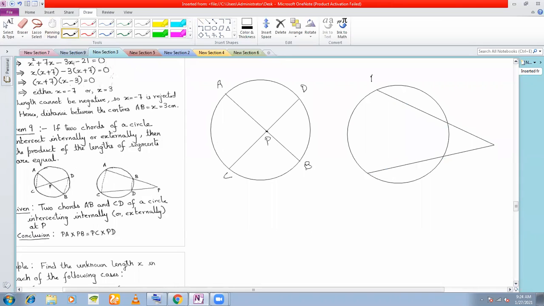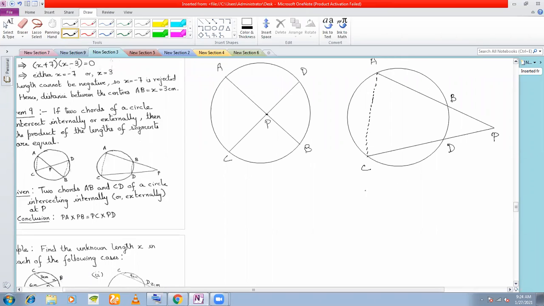So again AB and CD are two chords that intersect each other at the point P. You can join AC with the help of a dotted line. So given here, chords AB and CD intersect each other.